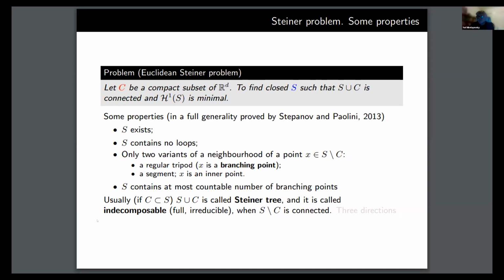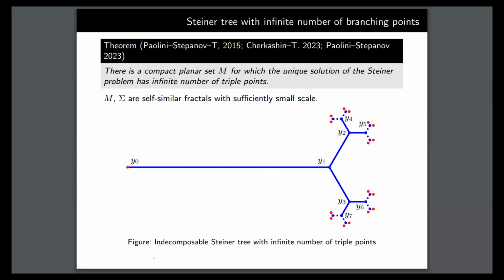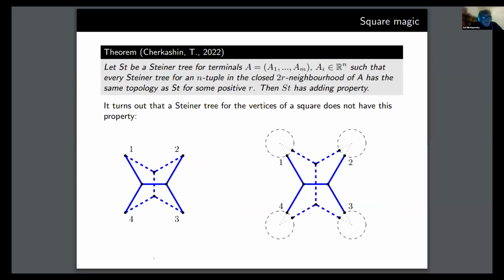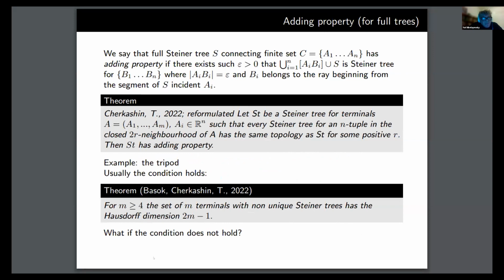May I ask a quick question? So, Yana, if I understand, one of the theorems which you showed, this one at the bottom of the page.